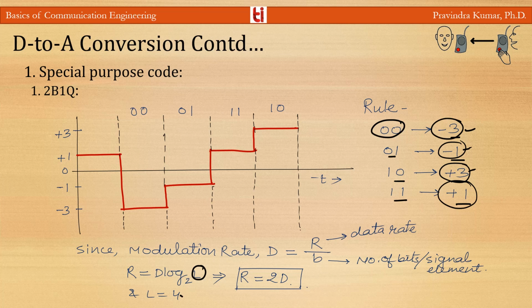So R is 2D. We see that by using this multi-level encoding, we are able to send more data with fewer signal elements. In other words, with a lesser baud rate your data rate is more. Because of the large number of signal levels, it will be more prone to errors, and a better SNR is needed in this case.